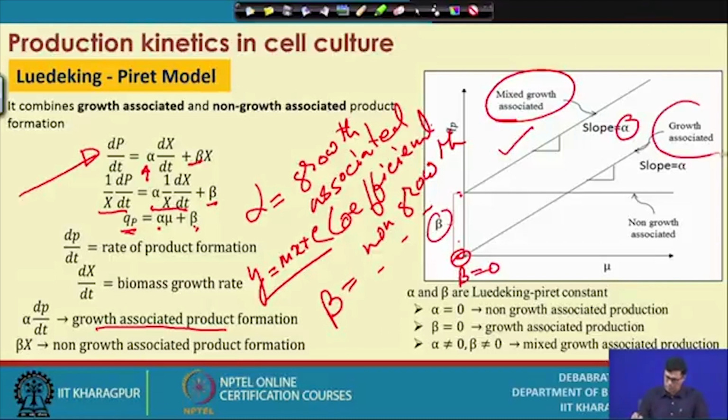Am I right? Then we consider this as a growth associated product. Now, in case of non-growth associated product, the beta value should not change with respect to mu. You can see here that your specific rate of product formation should be constant. It will not change with respect to mu value. Then we call it non-growth associated product.